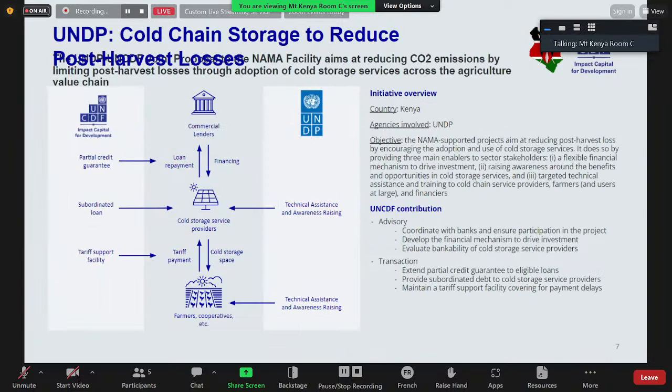This project is under design here in Kenya, with UNDP Kenya, okay? In Kenya, there is a very good, vibrant agri sector, but unfortunately, as per FAO, more than 50%, in some areas 60%, of the crops goes as waste.